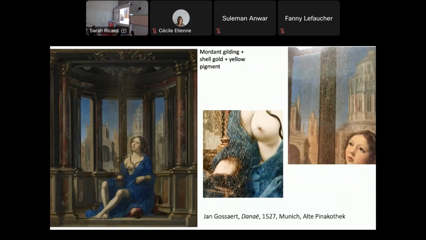What is very interesting also is to see that while gold has been described by theorists like Leon Battista Alberti as something that was traded for skill, in the way that medieval painters would have finally given up the gold and ultramarine in order to better enhance their skill, what we see very clearly is that in the Renaissance, painters also approached these techniques of gilding in a virtuoso manner.